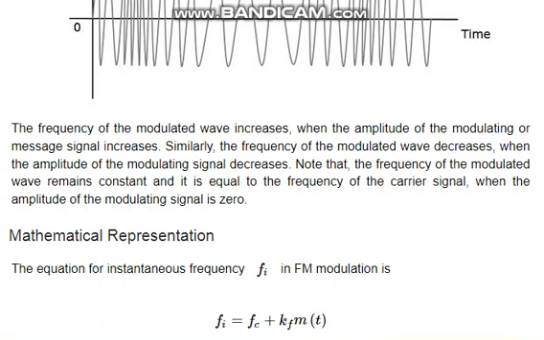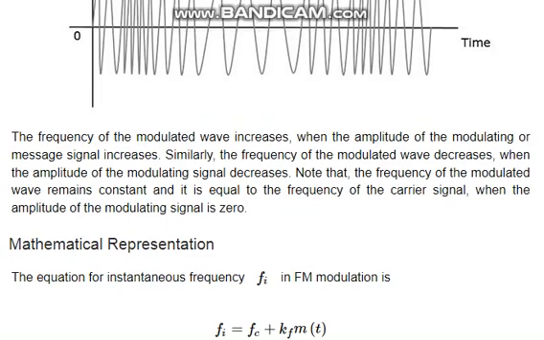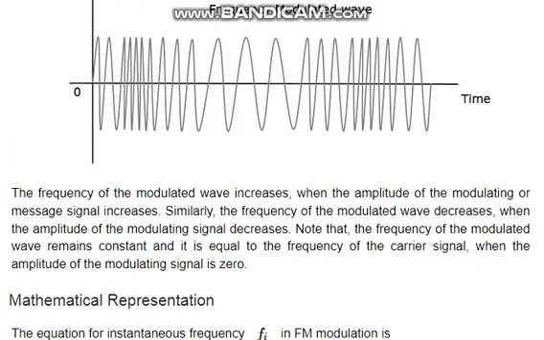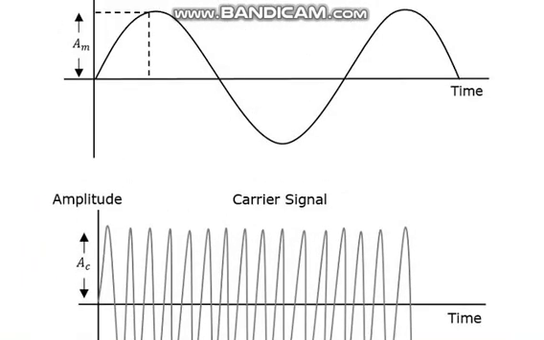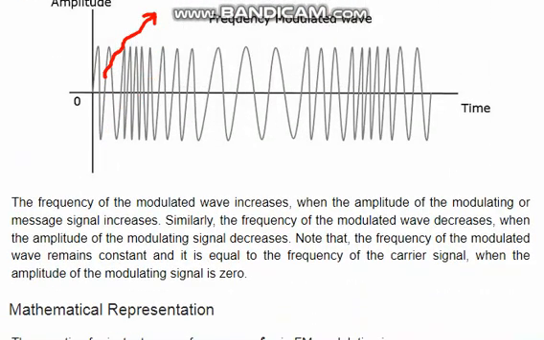So the frequency of the modulated wave increases when the amplitude of the modulating or message signal increases. That means when you see the amplitude increase at that level, in the same way the frequency also gets higher.